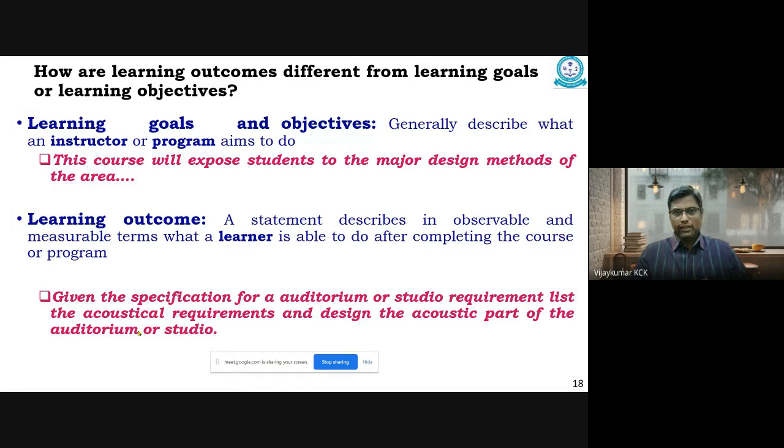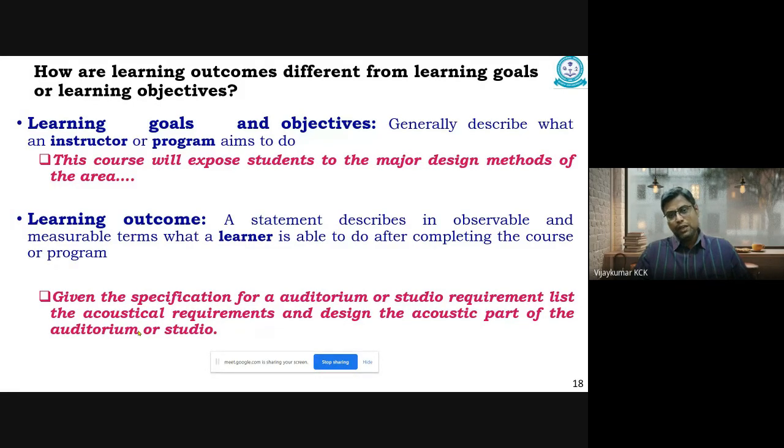So learning goals and objectives are to be mentioned first, then they can be measured later. So what is the learning outcome? It is the ability of the learner after attending the teaching, attending the classes, maybe instructional classes or demonstration classes or whatever it may be.